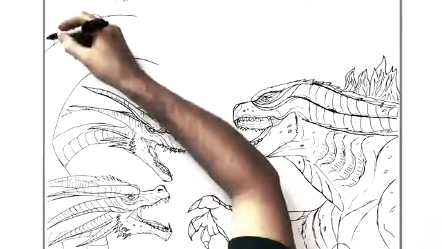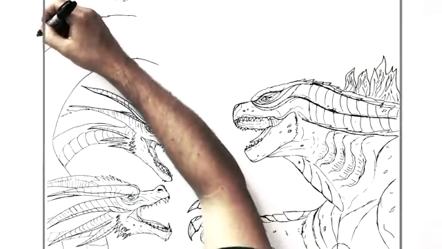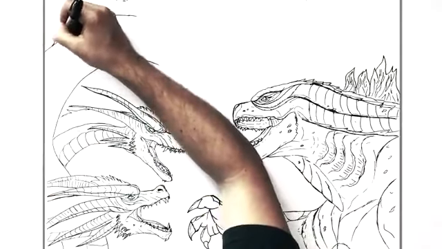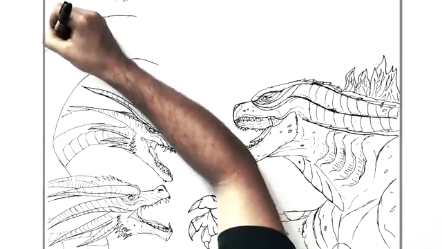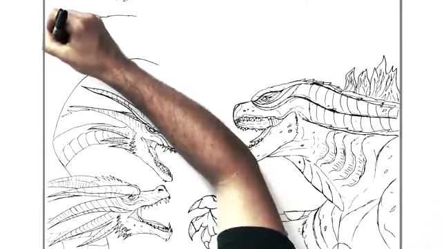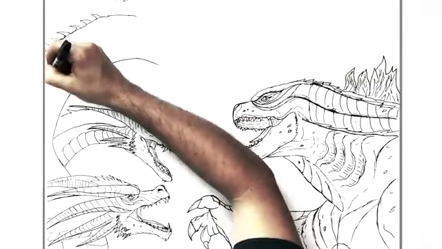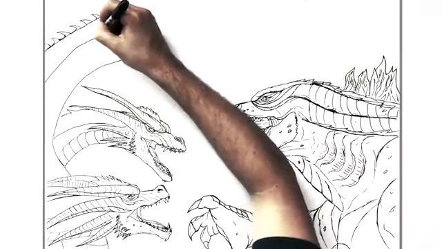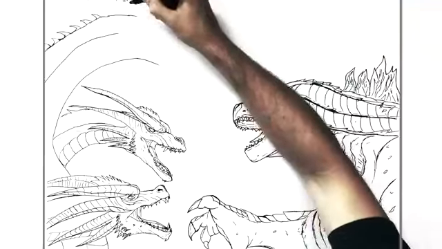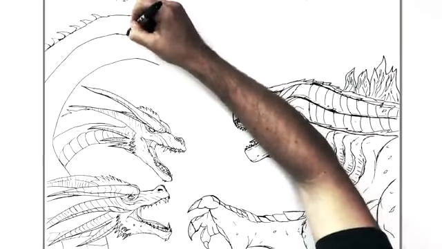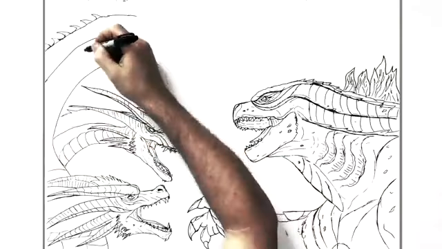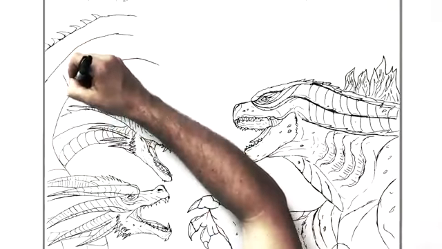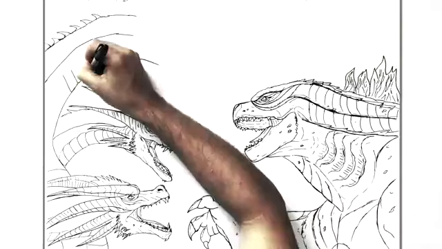The others don't seem to, but maybe they should. Then there's a line coming up the center here, like so, and then armor plating all the way. So like this kind of stuff.